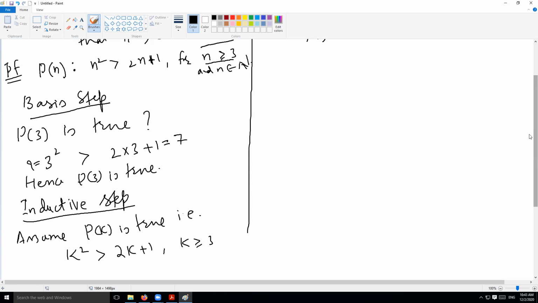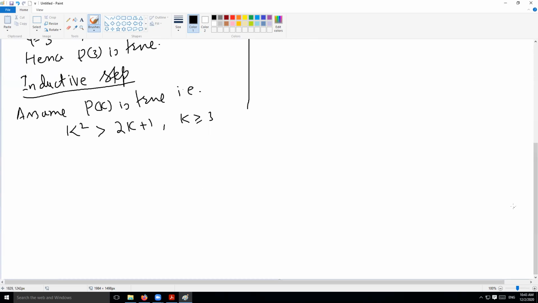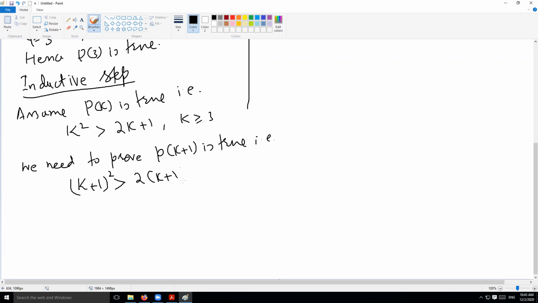And we have to prove that P of K plus 1 is true. That is, we need to show that K plus 1 square is bigger than 2 times K plus 1 plus 1. This is what we have to verify, and in order to prove this, I am allowed to use this inequality.